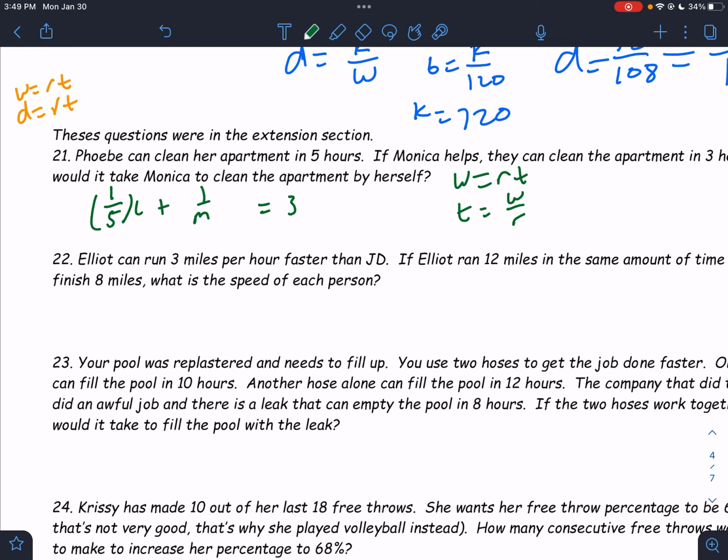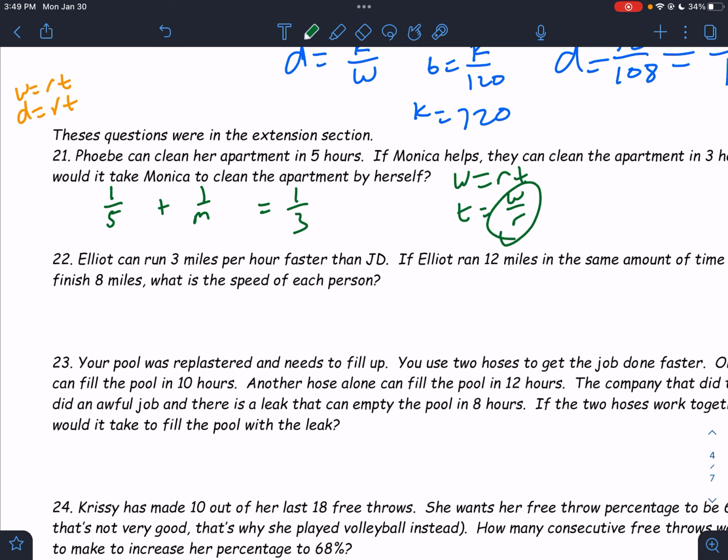What am I doing wrong? Wait, okay. Would equal 1 job in 3 hours. 1 job in 5 hours plus 1 job in unknown would equal 1 job in 3 hours.